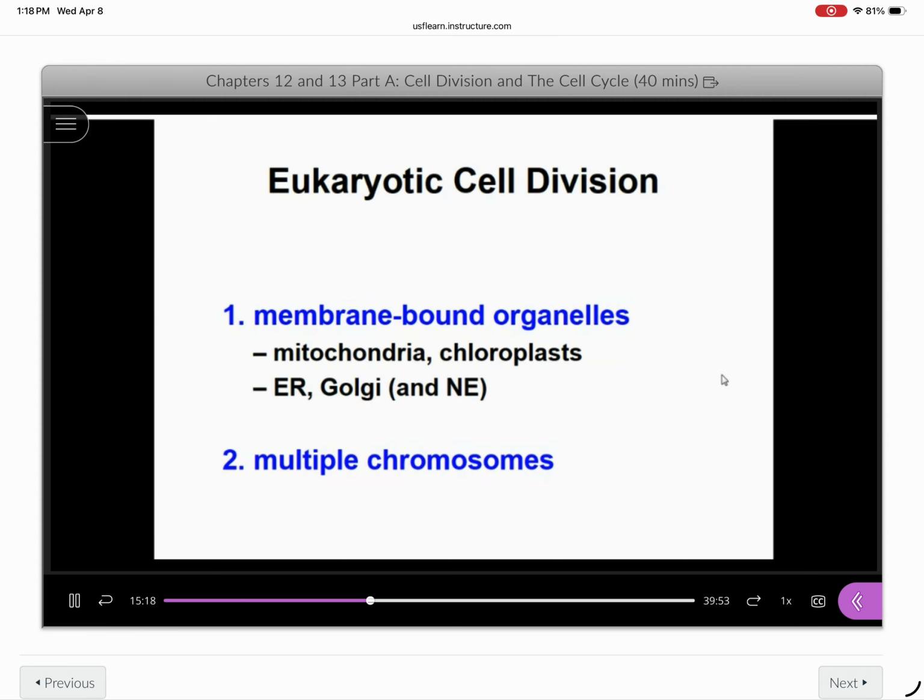The other organelles, ER, Golgi, NE, which means nuclear envelope, are not semi-autonomous. Right? These are not like mitochondria and chloroplasts, but do recall, they're all part of the endomembrane system.